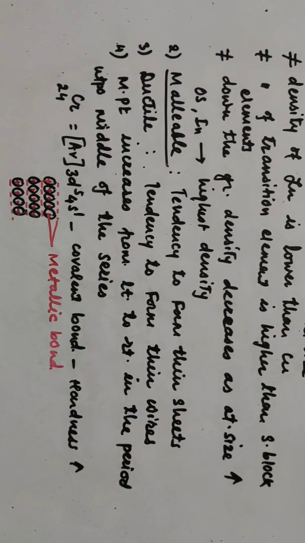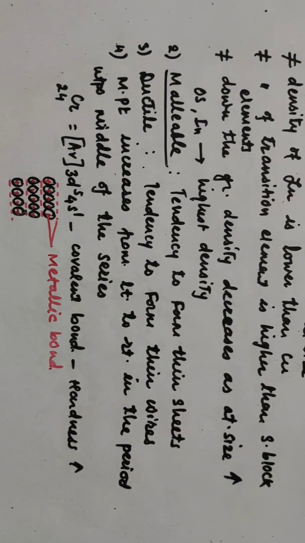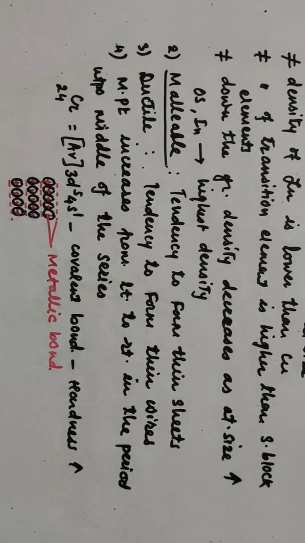So with increasing covalent and metallic bonds, the strength of the bond increases, and so it requires more energy to break the bond. So the melting point increases with an increase in the number of unpaired electrons. So in the 3d series, chromium has the highest melting point of the elements.